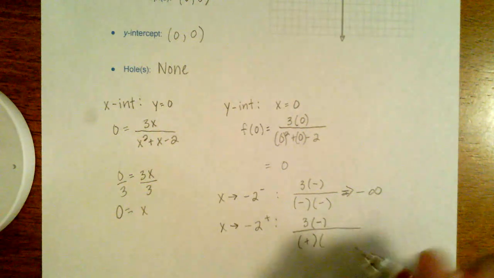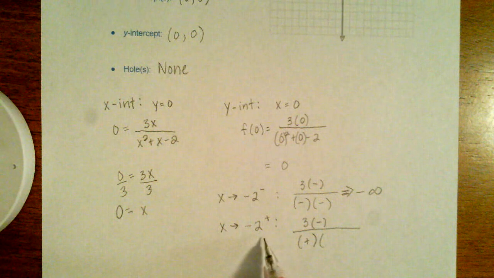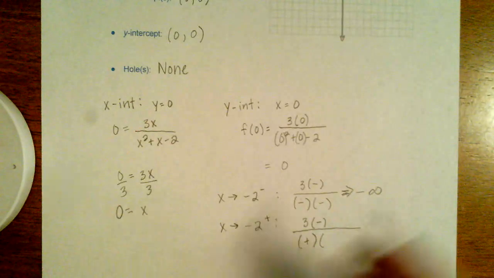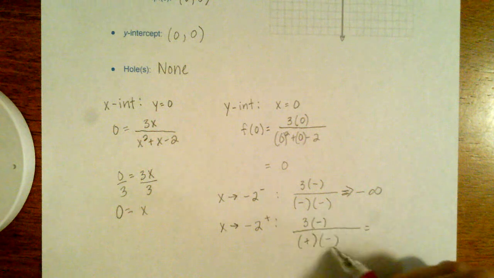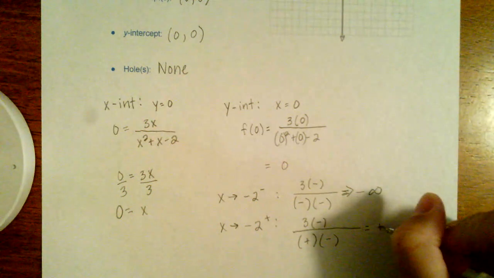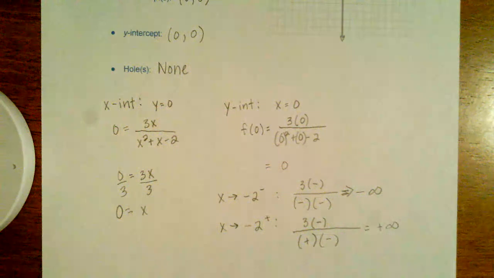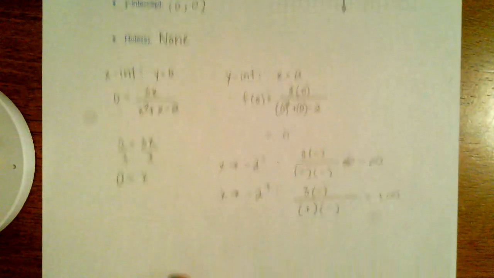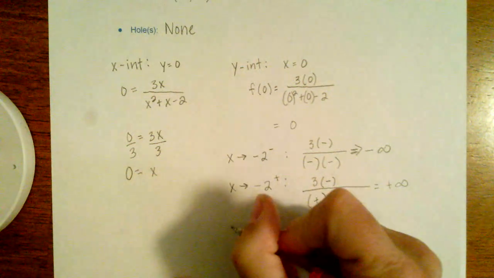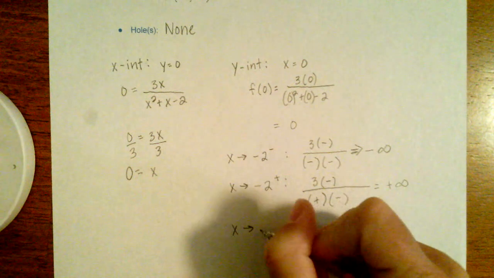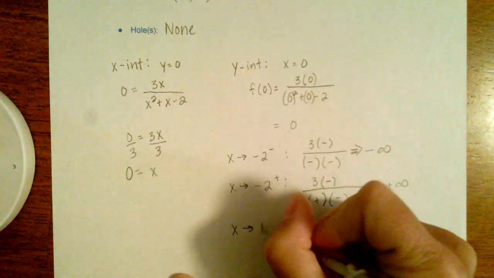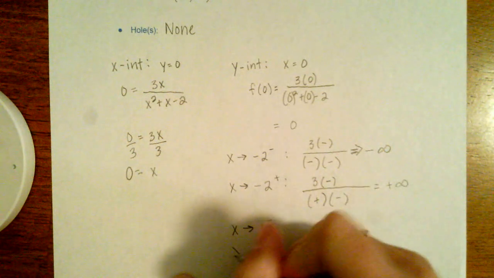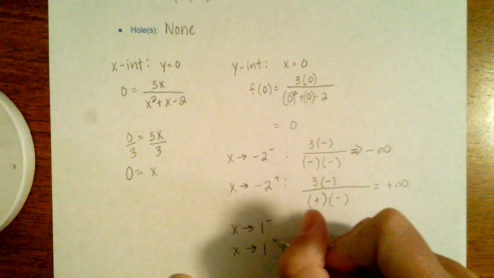But if I do -2 from the right minus 1, I get a negative. So this would be a negative divided by a negative, which means on that side, I go to positive infinity. At this time, pause the video and do the behavior for x as it goes to 1 on the left and x as it goes to 1 on the right.